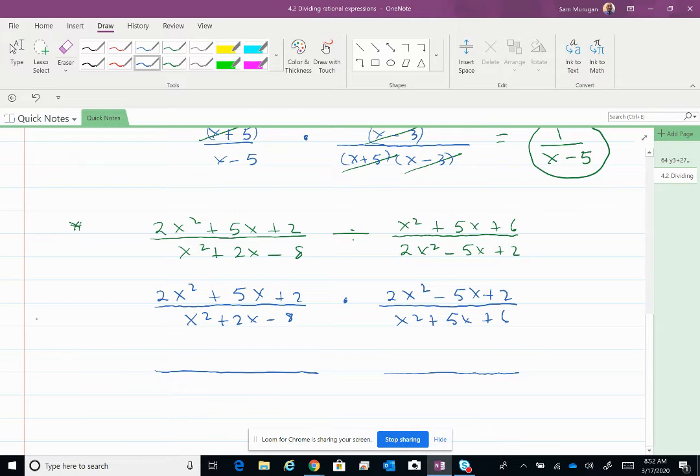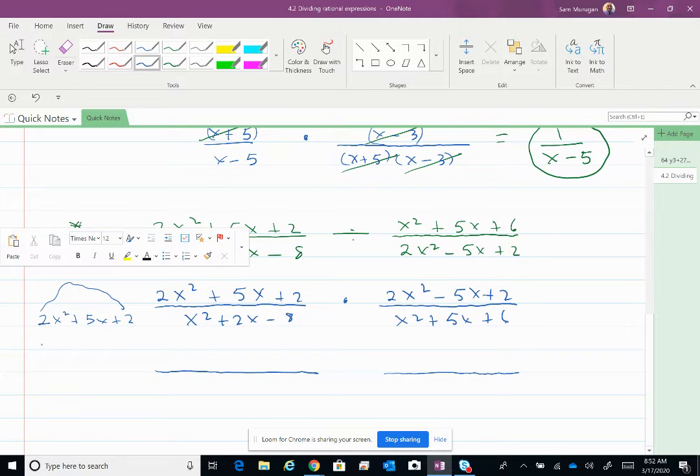We're going to go ahead and factor the numerator here. I'm going to do that on the side here, and remember that I'm using the slide and divide method, so I multiply 2 times 2. And that gives me 4, so x squared plus 5x plus 4.